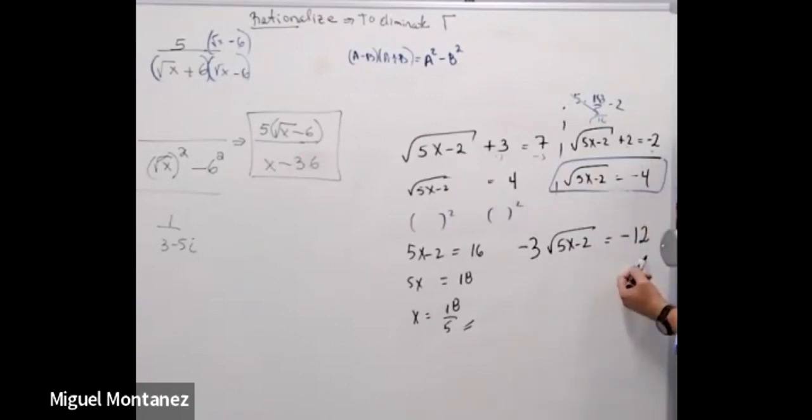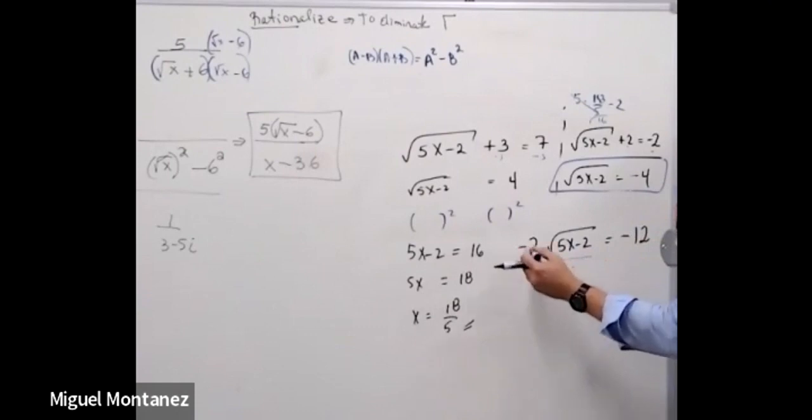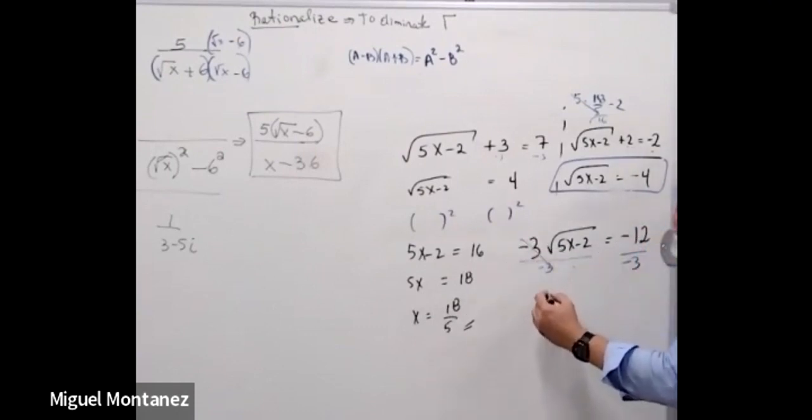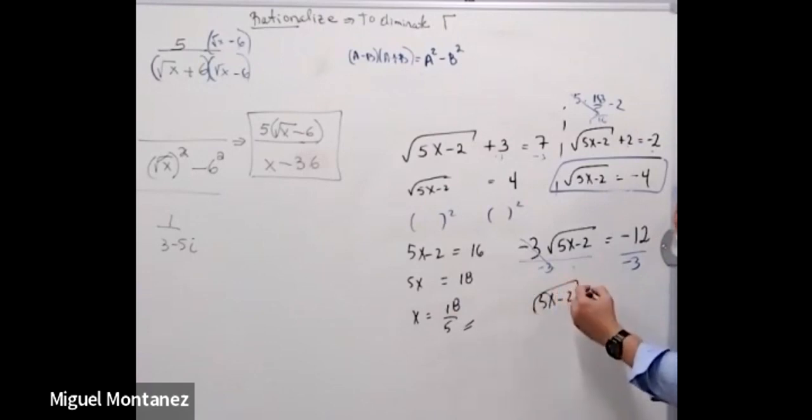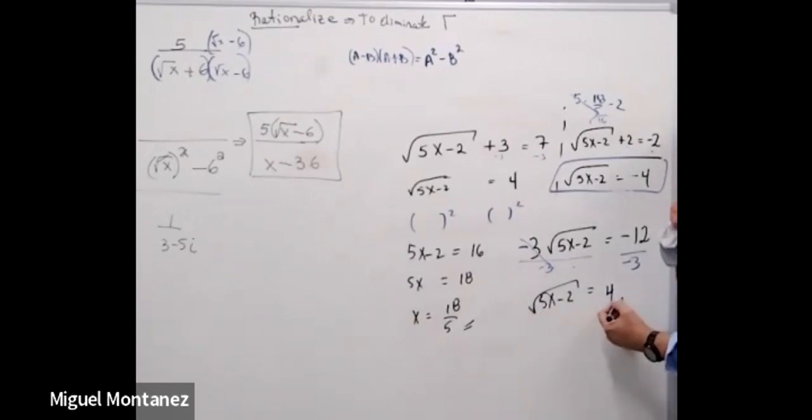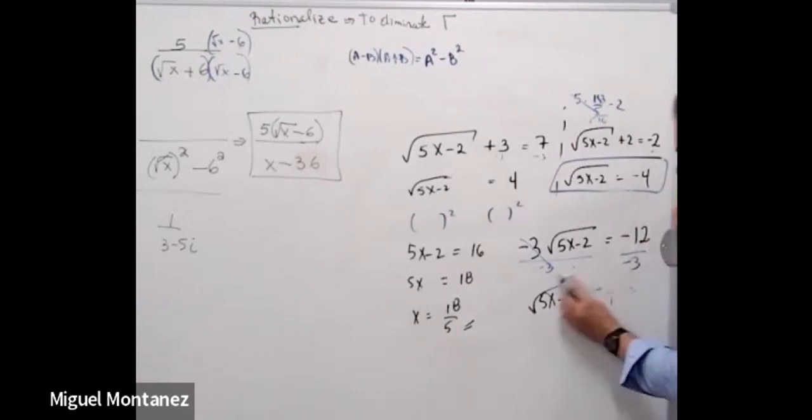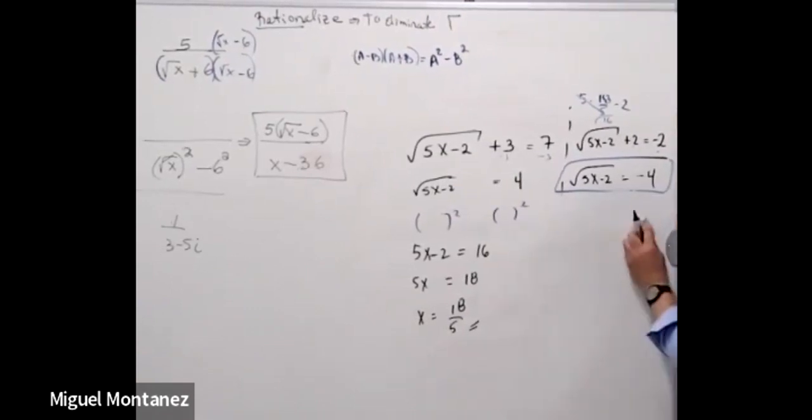May I say the same argument here? No. It's equal to negative, but I have this annoying -3. So this one requires us to divide by -3. Now I have the square root of 5x minus 2 equals a positive number. As soon as the square root equals a positive, we may continue. The square root equals a negative number, kill it.